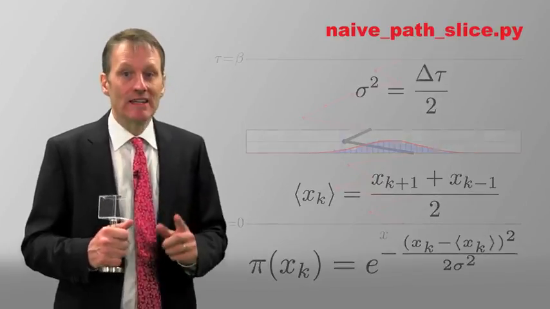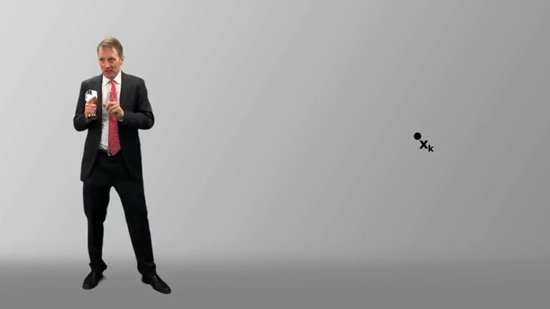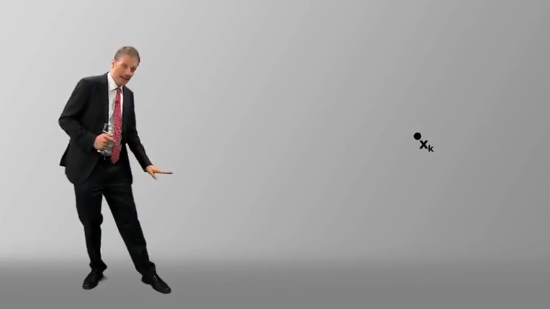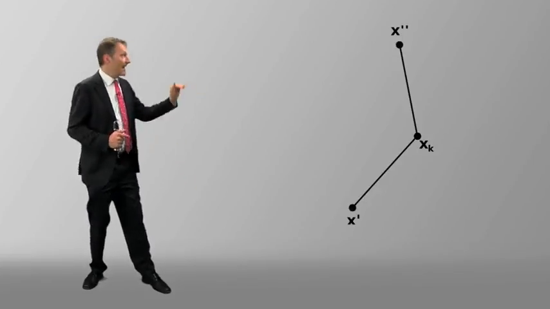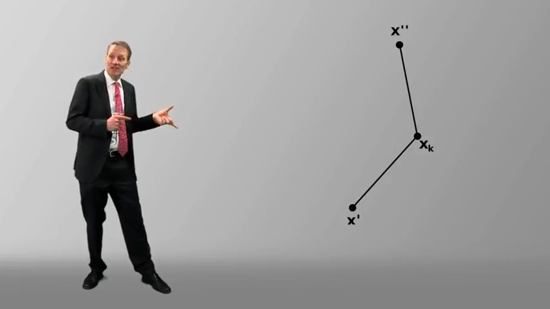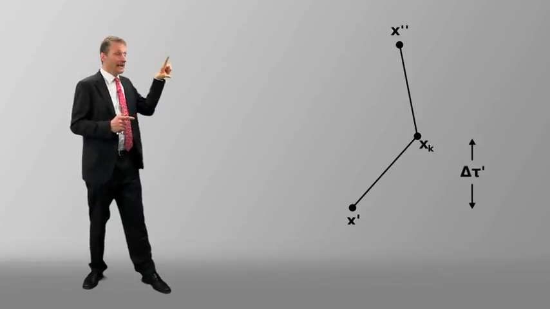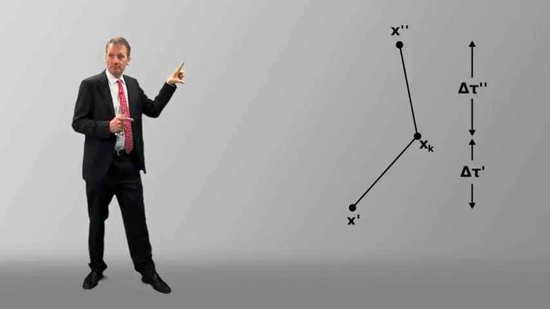But rather than doing it, let us slightly generalize this problem and consider a position xk sandwiched between positions x prime and x double prime with intervals in tau, delta tau prime and delta tau double prime.